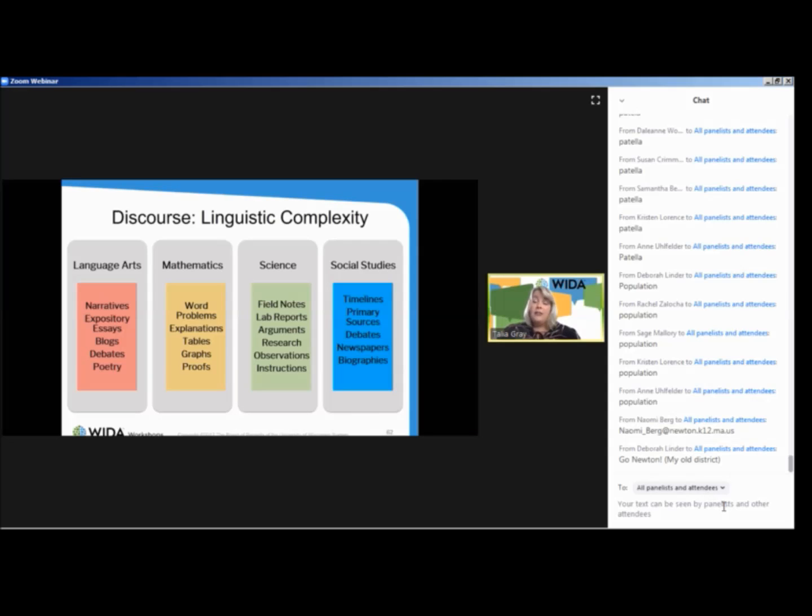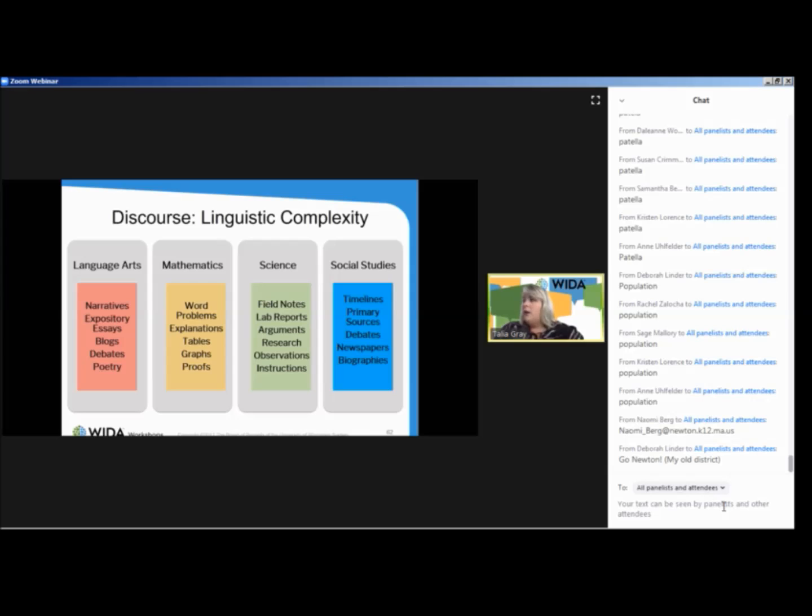In science, you're going to see a lot of difference between field notes or a lab report in comparison with published research. That looks different. Also in social studies, think about the differences between a timeline and a newspaper. So those different types come into play in the discourse dimension.